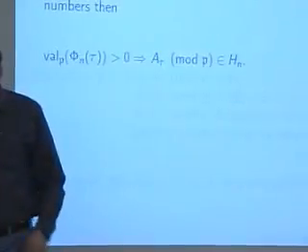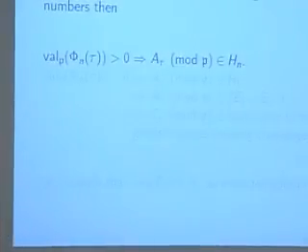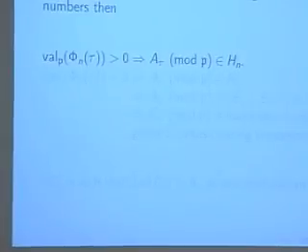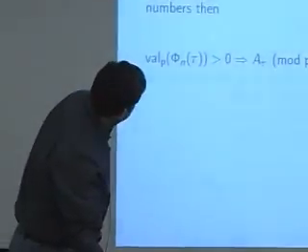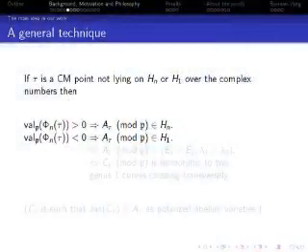Hn has a modular interpretation. To say it lies on Hn means that it has certain real multiplication. If P appears in the denominator, then it means that mod P, it belongs to H1.